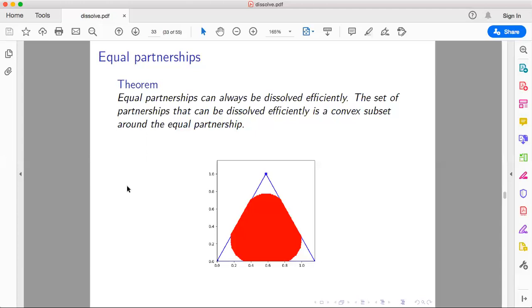So in that case, basically that amount of the object is not owned by anyone, right? Yes, sir. So in that case, what you can do is allocate whatever people own efficiently, and give the quantity that is not owned by anyone to the agent who values it most, basically for free.